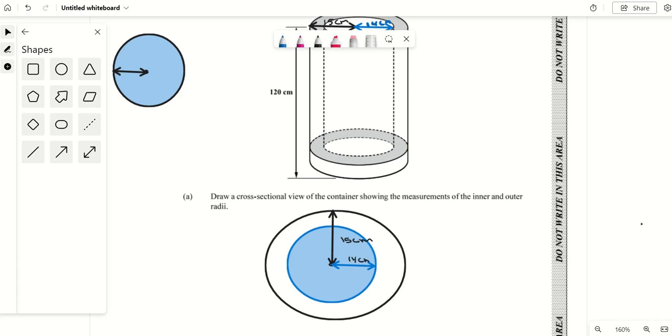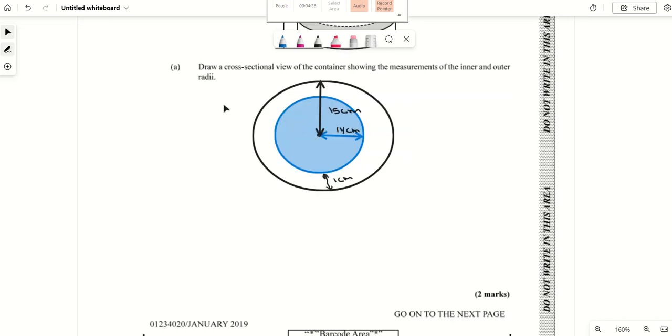So if the distance from the center to the outside here is 15, and from the center to the blue circle is 14, we can clearly see that from here to here would be 1 centimeter, and this would be your answer for part A.